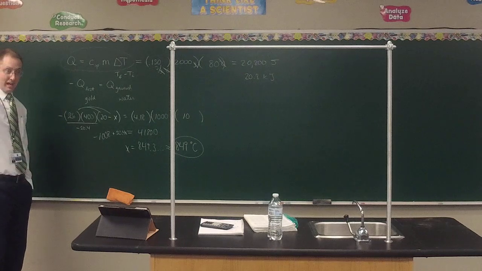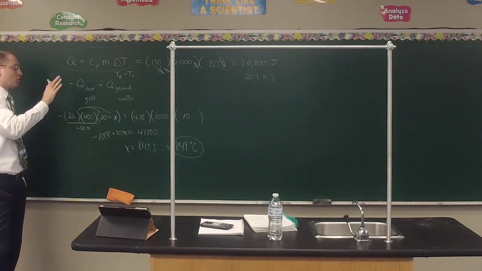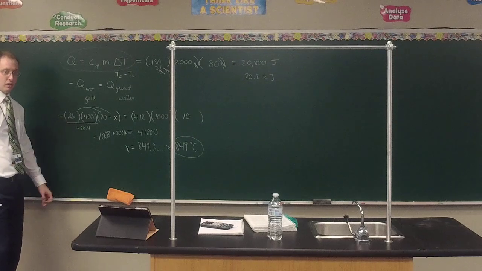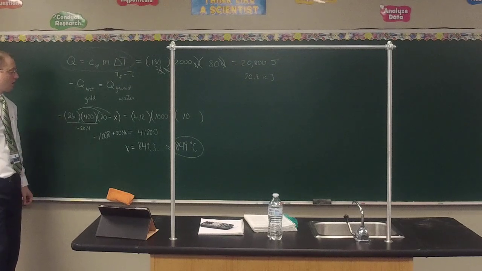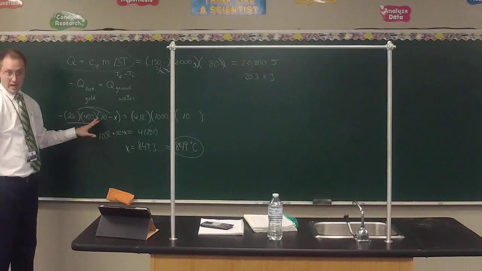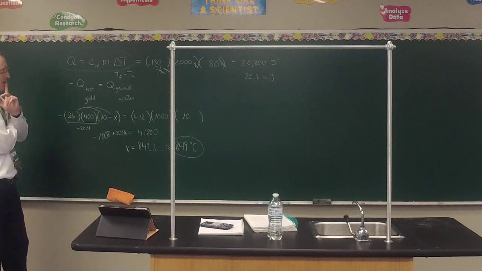Did anyone have that? Okay. Audrey, were you really close to that? I had 20. I didn't put 20 minus x, I just said x. Oh, so you said, I don't know the temperature change, you just called it x. So you had a couple of issues then.